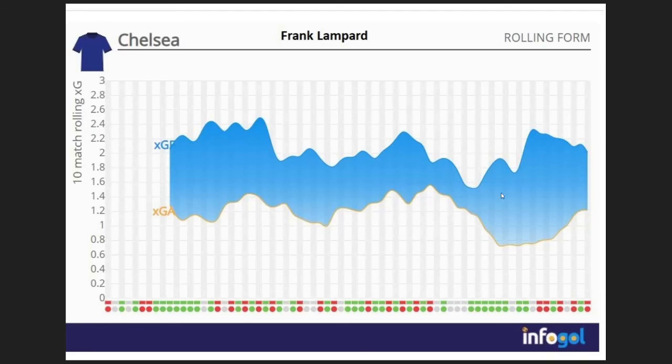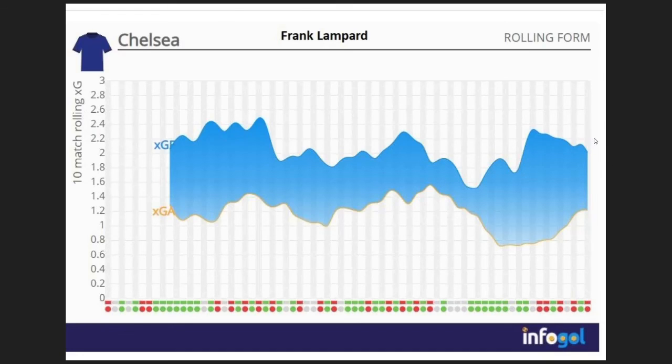But at this stage it appears he had a struggle, and then it got better again. But recently, and this is where Chelsea's form has dropped off, they've started to concede more goals again, or more chances, and the amount of chances they're creating is also coming down. And you don't want the amount of chances you're conceding to ever be above the amount of chances you're creating, obviously.